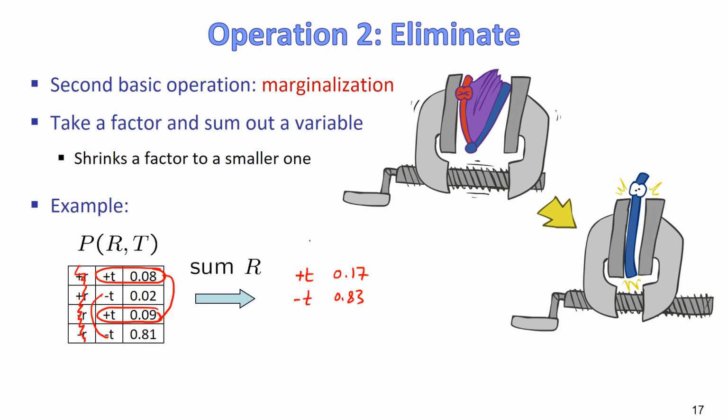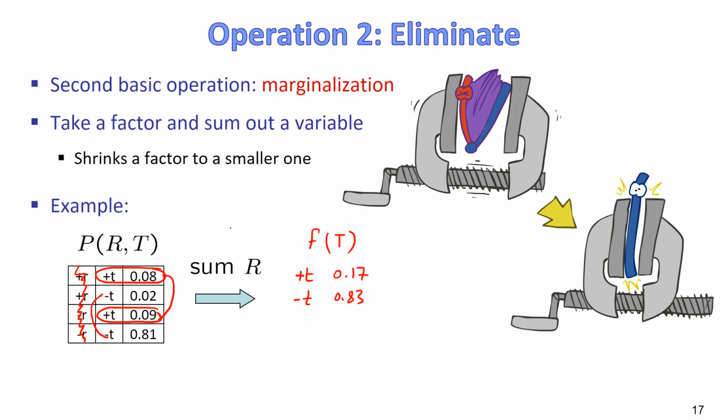So now this is a new factor which has only what? We eliminated R from here, so we'll have only T. You can call it P of T, of course, if we have P of R and T here. So that's elimination. Very straightforward. Just cross over the column of the variable that you want to eliminate and sum out the rows that have now the same combination of values for the other variables.